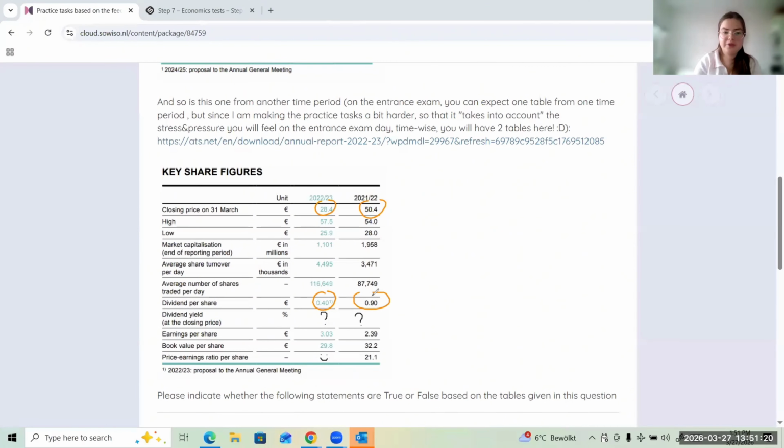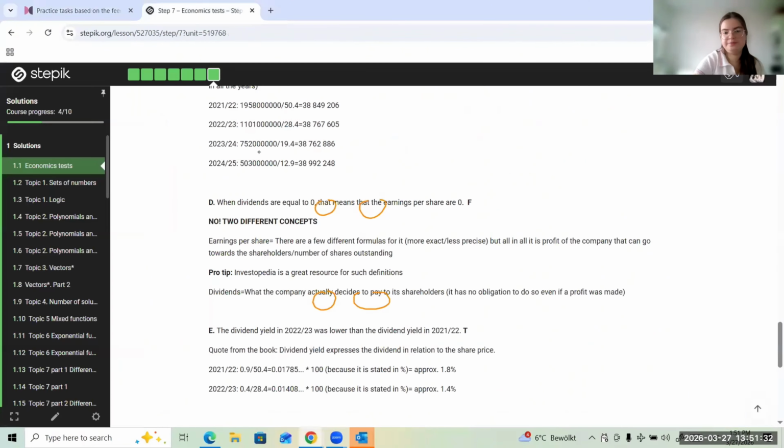So they decided to pay in the end what they actually decided to pay. Not what they could have paid, but what they actually decided to pay. And that's how you get a dividend yield, and that's why I also kind of wrote a blank so that you have to calculate it yourself. And so this is approximately right. As long as, you don't have to get the exact number out.